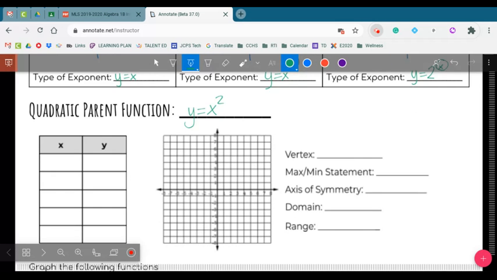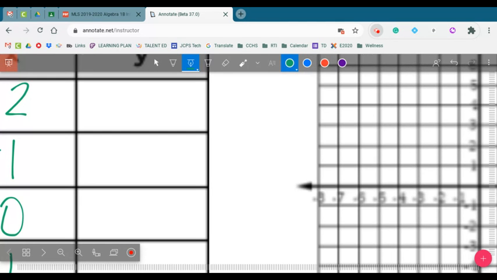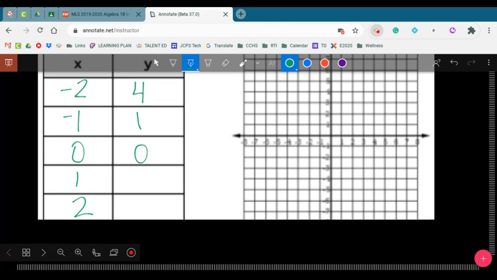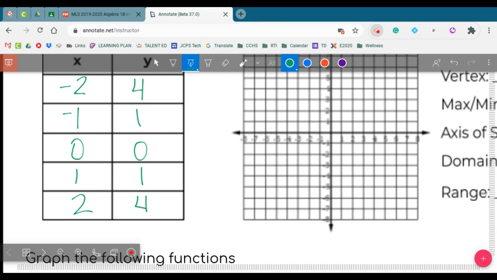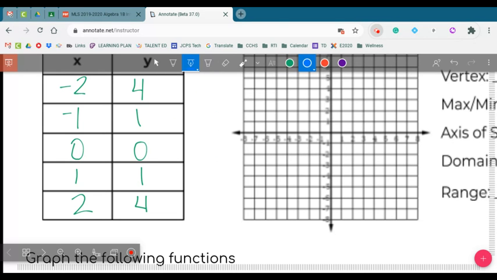So our x values, -2, -1, 0, 1, 2. And then if we put this into the calculator, our y values are going to be 4, 1, 0, 1, 4. So I want you to look at this pattern. You see how it goes from 4 to 0 and then back up to 4?